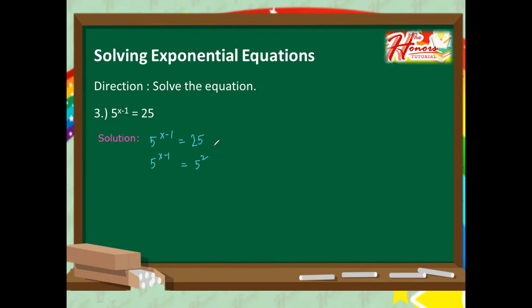So that's 5 squared. And then we are going to focus on the exponent at the left side and at the right side of the equation. So we have here x minus 1 equals 2. Then remember that we should have x at the left side of the equation alone.